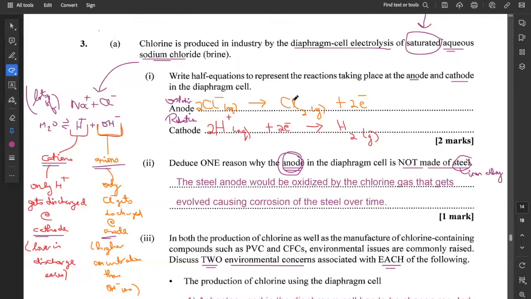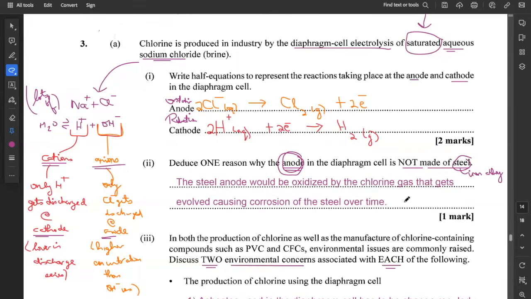The chlorine that gets evolved would oxidize the steel anode and cause corrosion of the steel over time. And we don't want that, right? We want our diaphragm cell to last as long as possible. So we don't want the chlorine gas that's being evolved at the anode to oxidize and corrode it. And so we're not going to use steel to make it, okay? So no steel at our anode, we use titanium, okay?